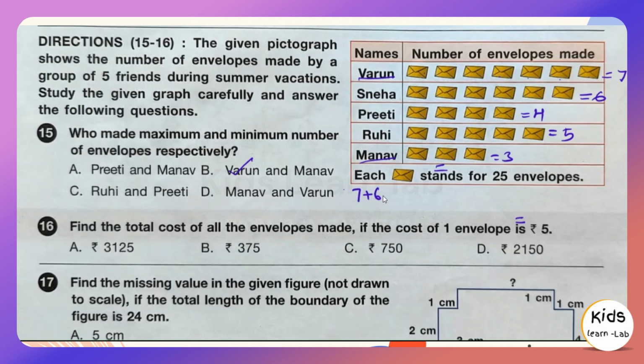7 plus 6 plus 4 plus 5 plus 3 is equal to 7 plus 6 is 13, 13 plus 4 is 17, 17 plus 5 is 22, 22 plus 3 is 25. So one envelope stands for 25 envelopes. So 25 into 25 is 625.